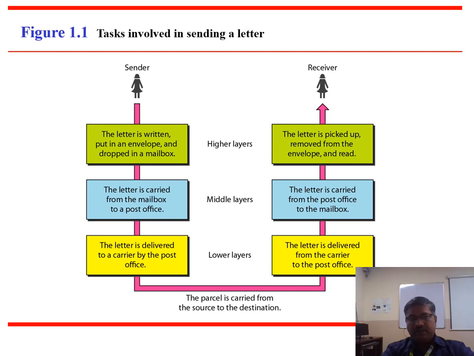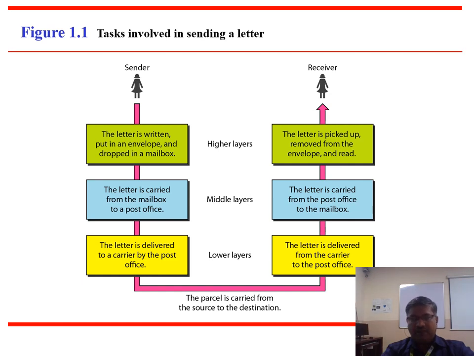Then the letter is carried from the mailbox to the post office, and delivered to the carrier center in the post office. These are the steps involved on the sender side.